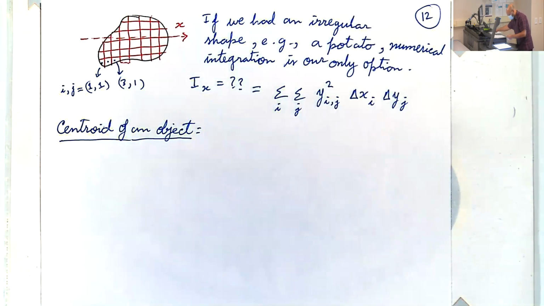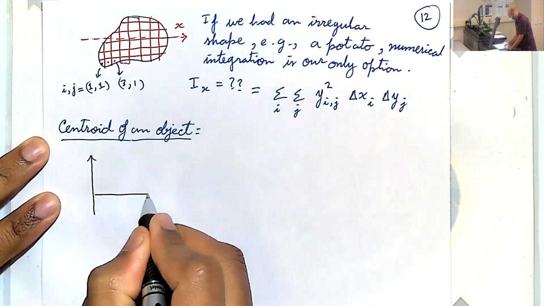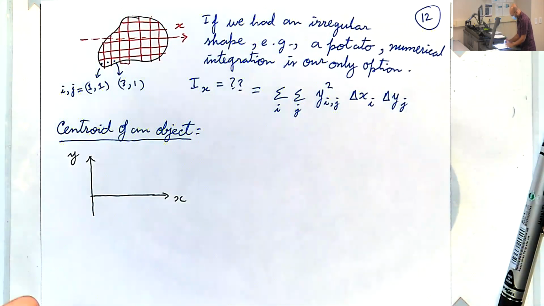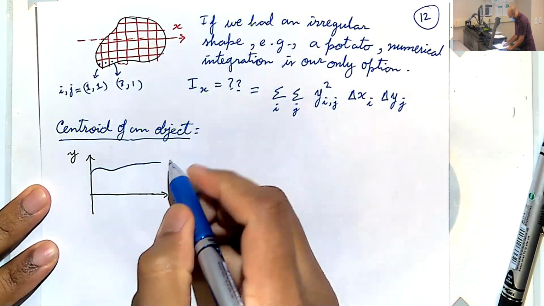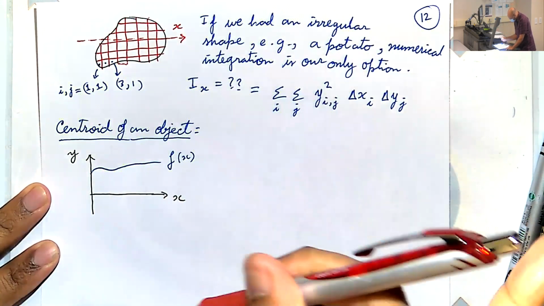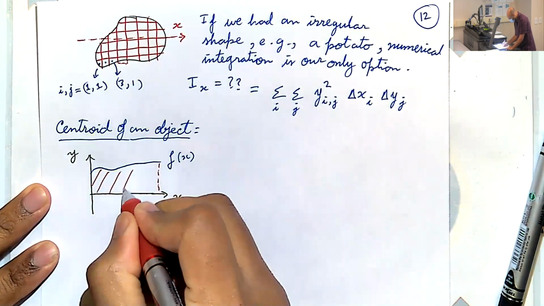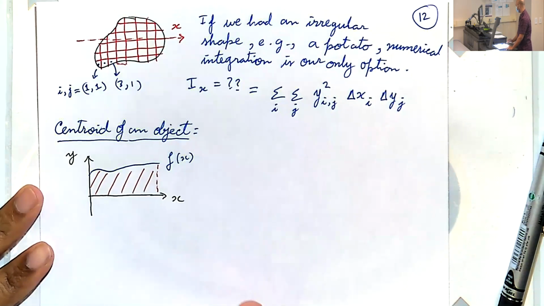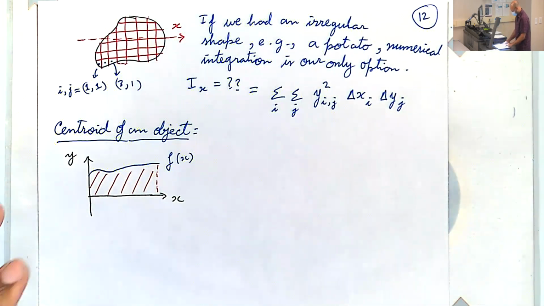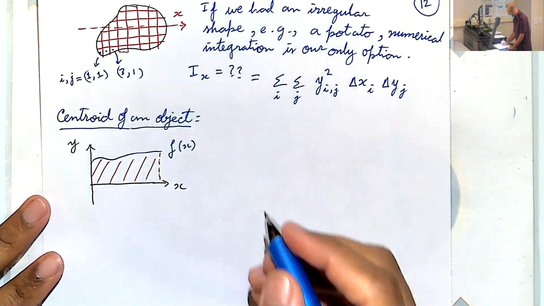So let's draw an arbitrarily shaped curve, and we have f of x here. First, let's try to compute the area under this curve. If you understand these general forms, everything becomes super easy.